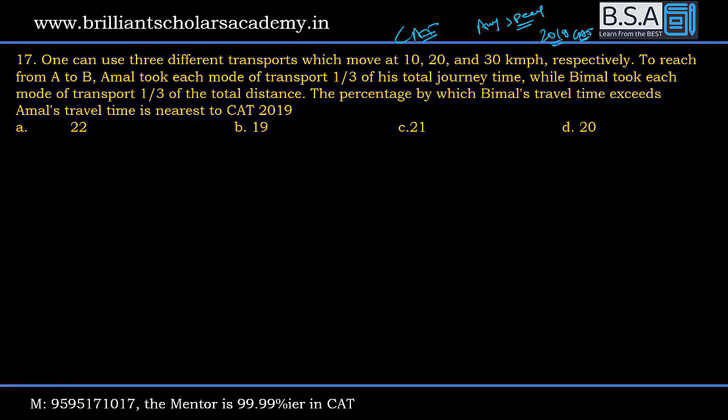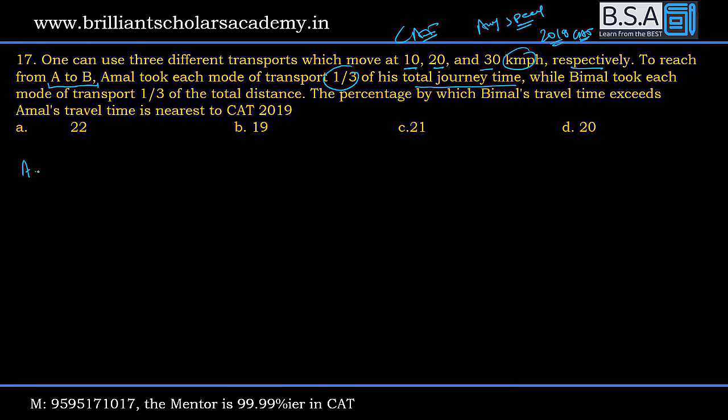So here you observe, one can use three different transports which move at 10, 20, and 30 kmph respectively to reach from A to B. Amal took each mode of transport one third of the total journey time. Slow down.